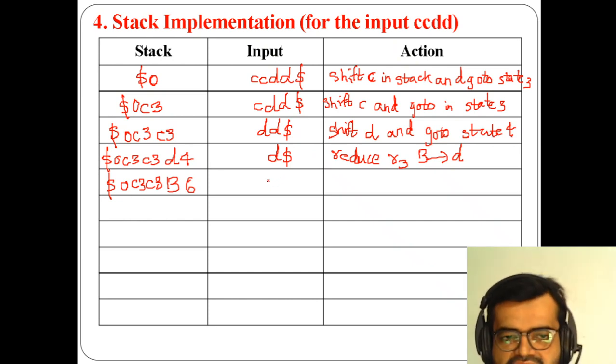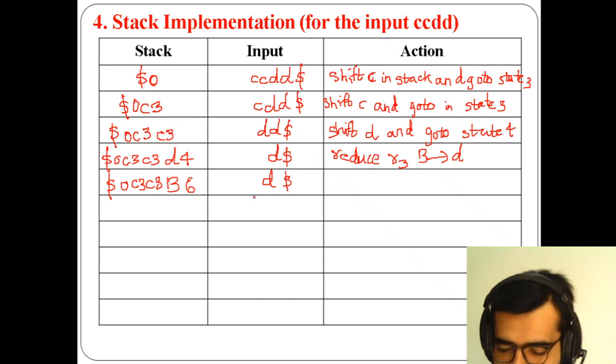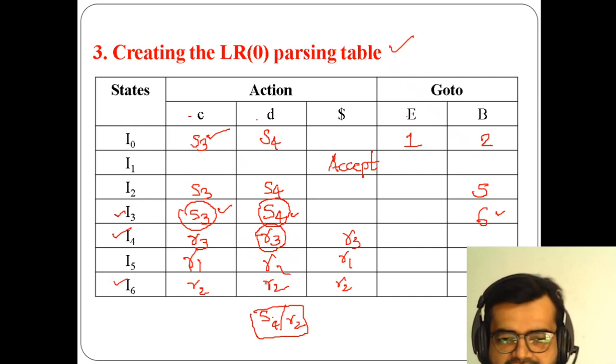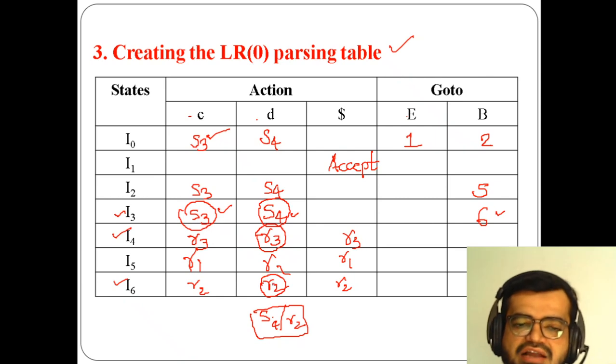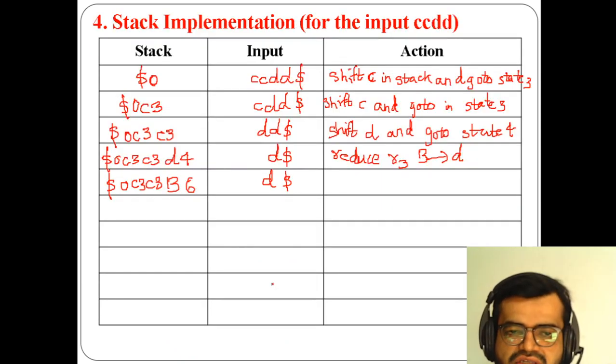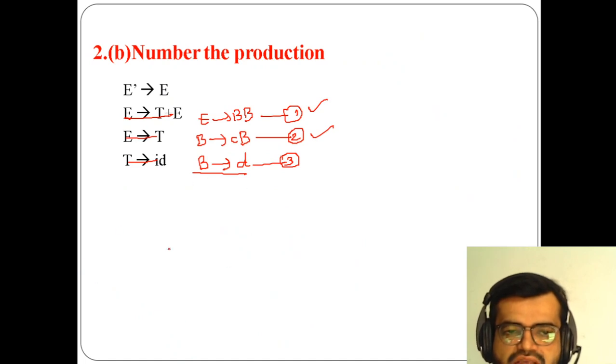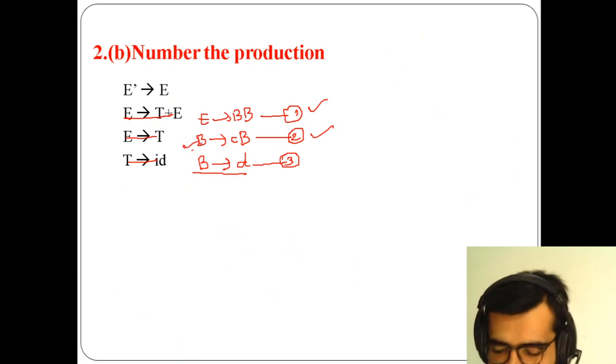Again, in the sixth state I have to verify the symbol D. In D, again reduce is there, but which reduce? R2. R2 means which production? The second production, B goes to CB.